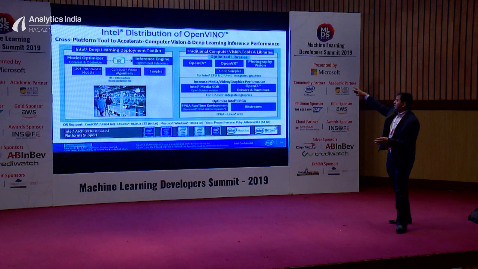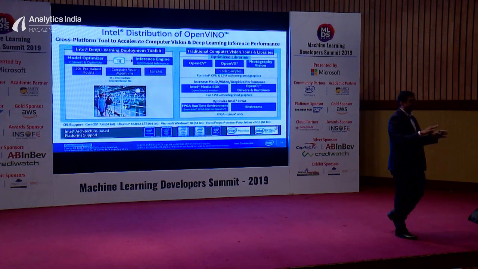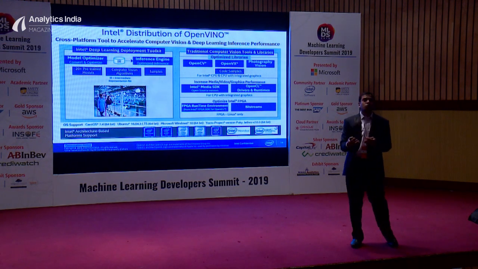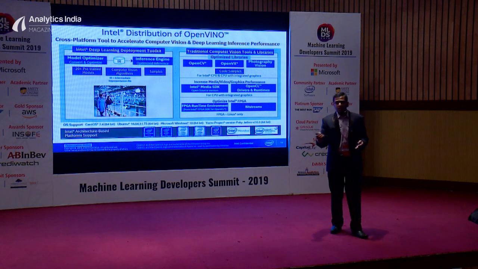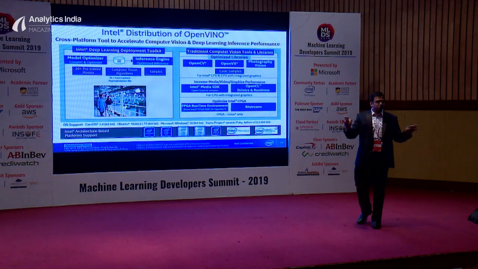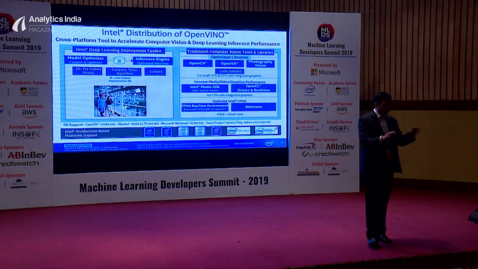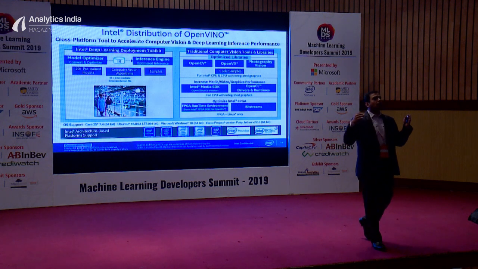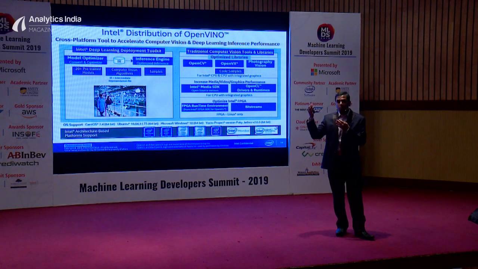This portion of OpenVINO has all the Intel optimized versions of OpenCV and OpenVX. That is how you get the best performance, right? So if you're on traditional computer vision, you can still use OpenVINO, just because your libraries, OpenCV and OpenVX, are all optimized, and you get out of the box performance.